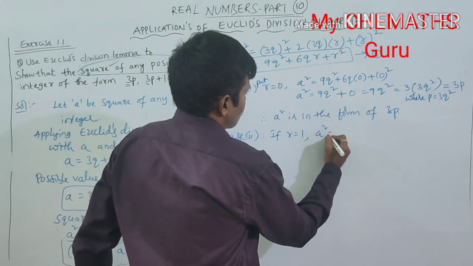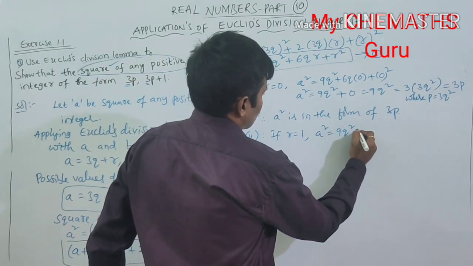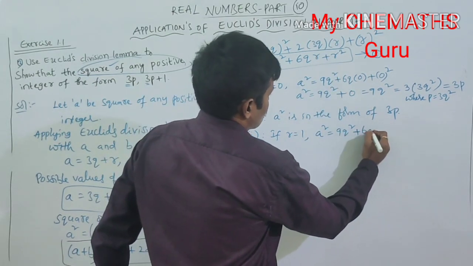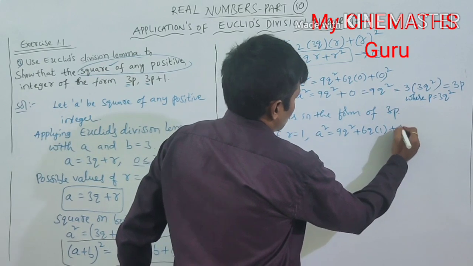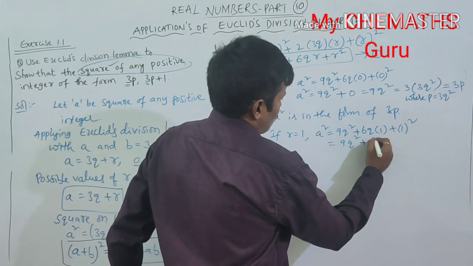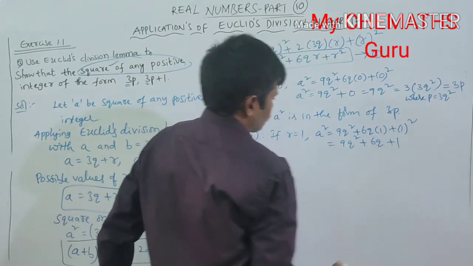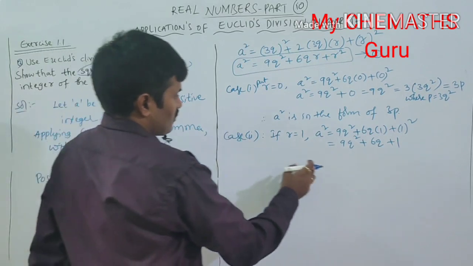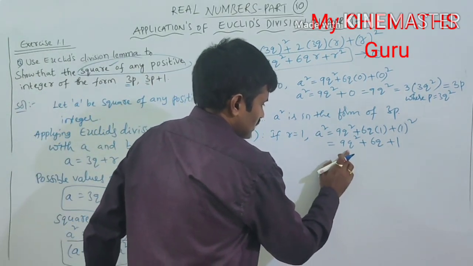Then a² = 9q². This one we should substitute in equation 1: 6q into 1 + 1², that is equal to 9q² + 6q + 1. Now we are writing in the form of 3p or 3p + 1. Is it divisible by 3?